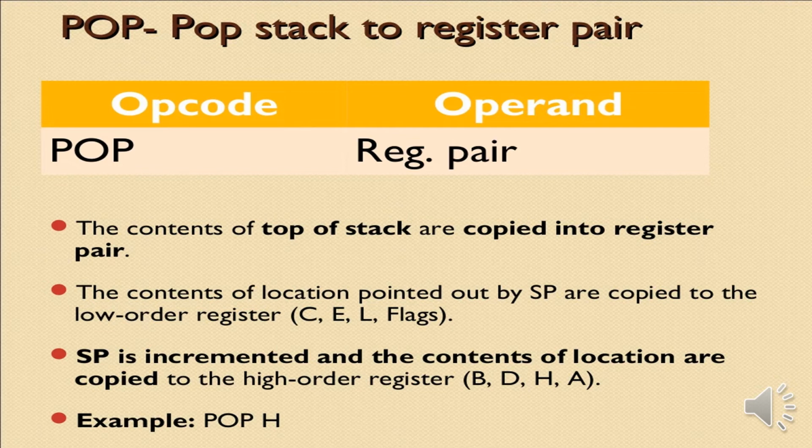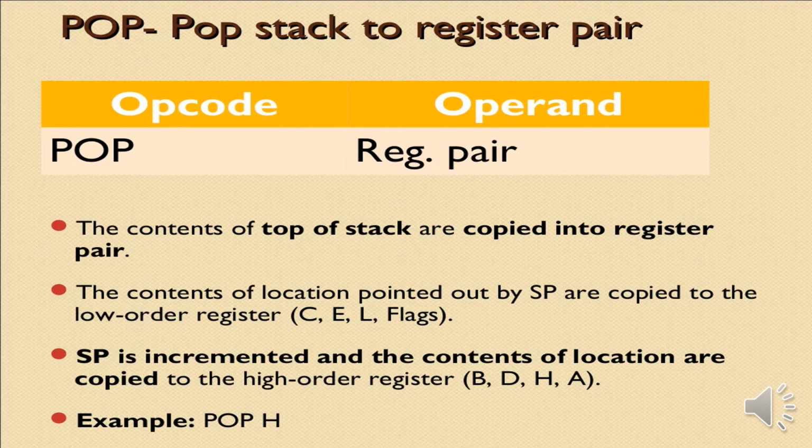In the pop instruction, the stack pointer value is incremented by 1 for each byte retrieved, for the higher order register and the lower order register. The stack pointer is incremented by 2 overall, whereas it is decremented by 2 by the push instruction.